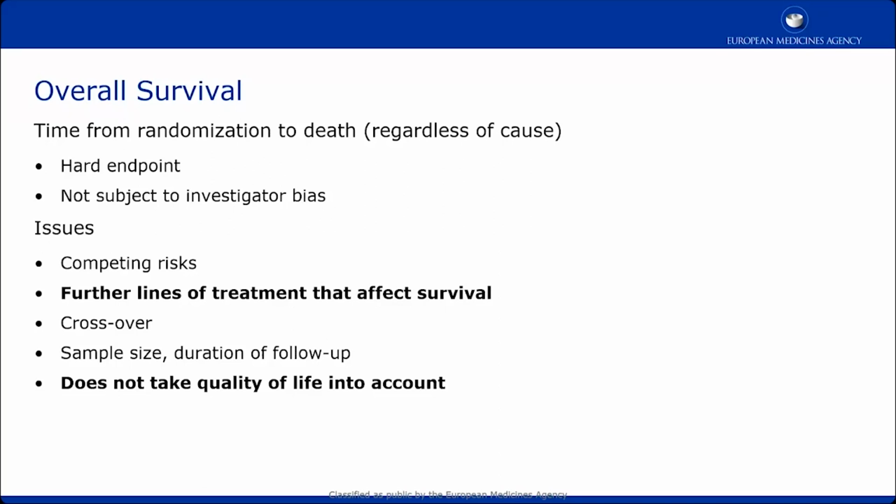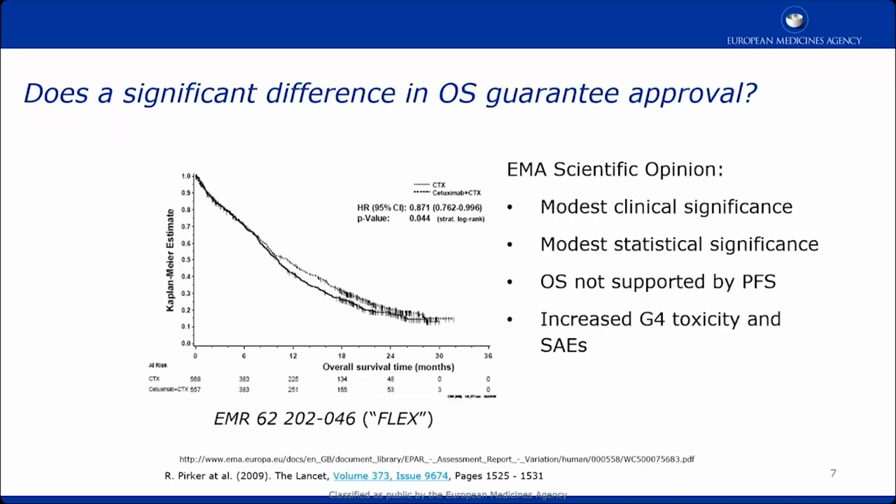And another misconception is that if you have an improvement in survival, that necessarily means an approval. No, it doesn't. There are examples where this was not the case. Why? Well, it is always a matter of benefit risk. And I think one take home message from today is that this focus on the primary efficacy endpoint, the primary, the key estimate of all estimates, is actually not the whole story.